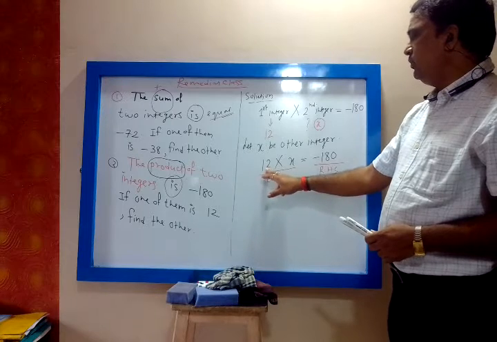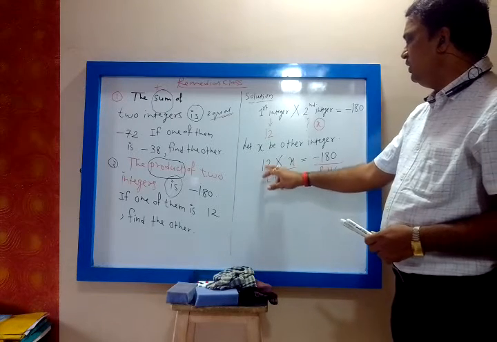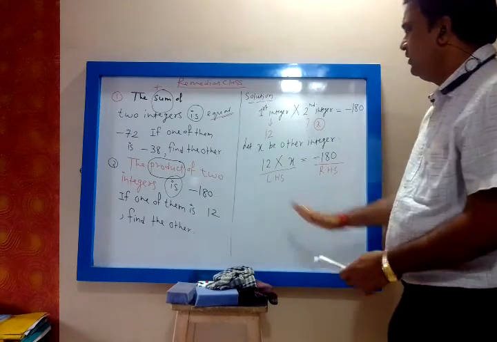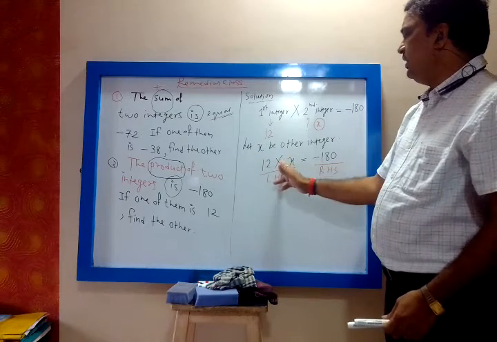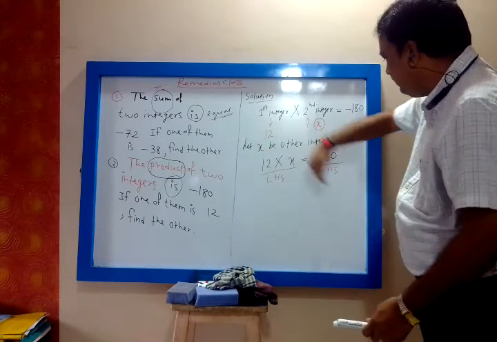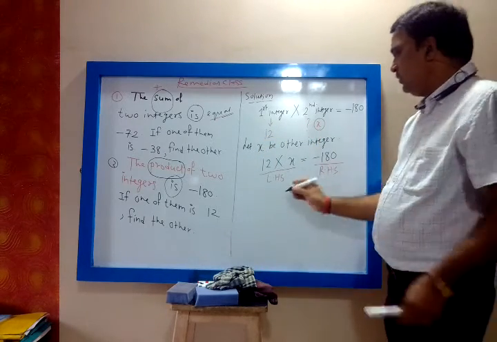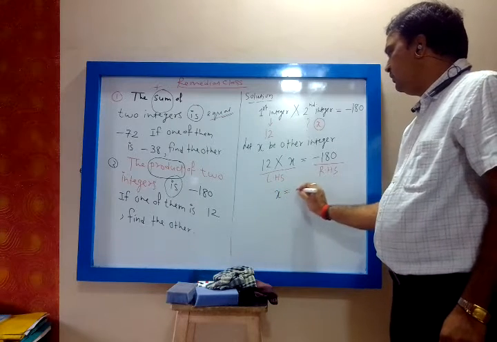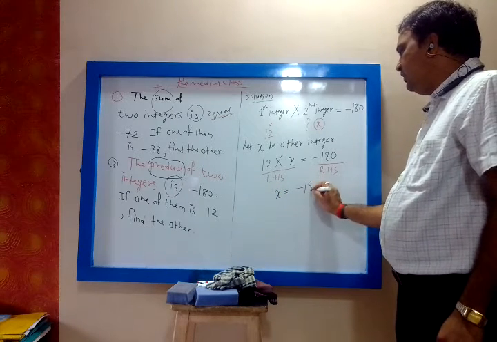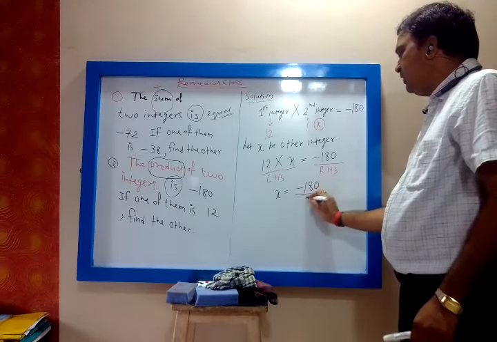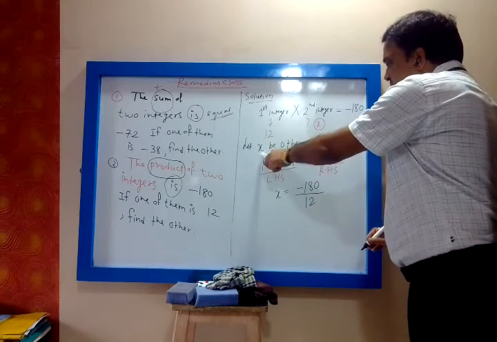So when I take 12 to the right hand side, this 12 will go in the division. So x is equal to minus 180 divided by 12.